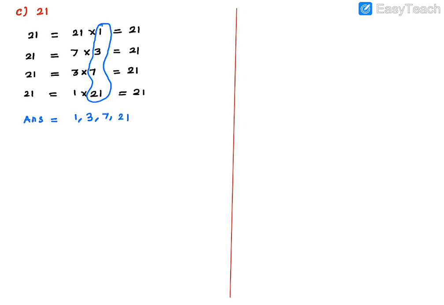Just make a box. Okay, shall we move to the next question? Before you go to the next question, just put one line. Okay, so the margin is very important, students.